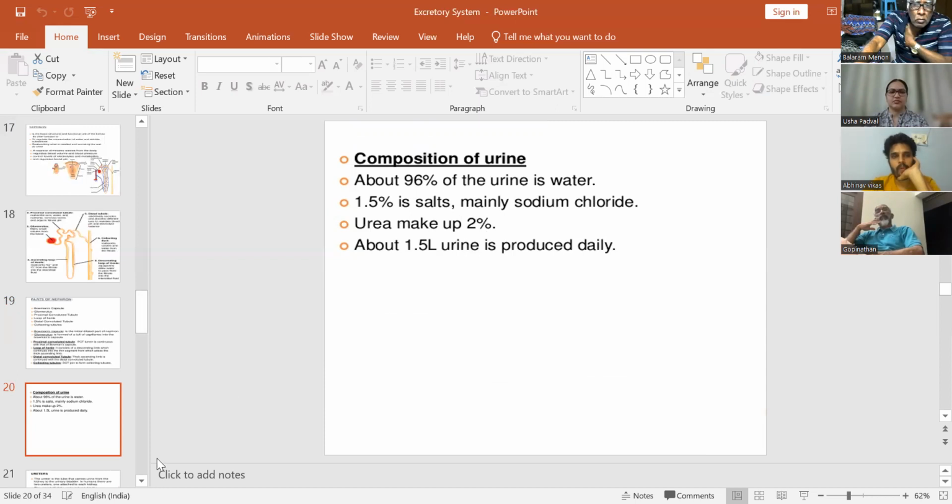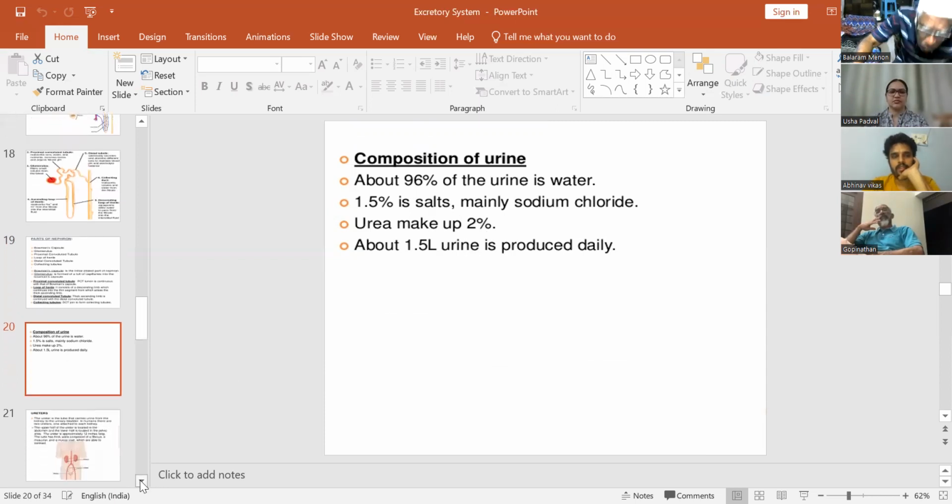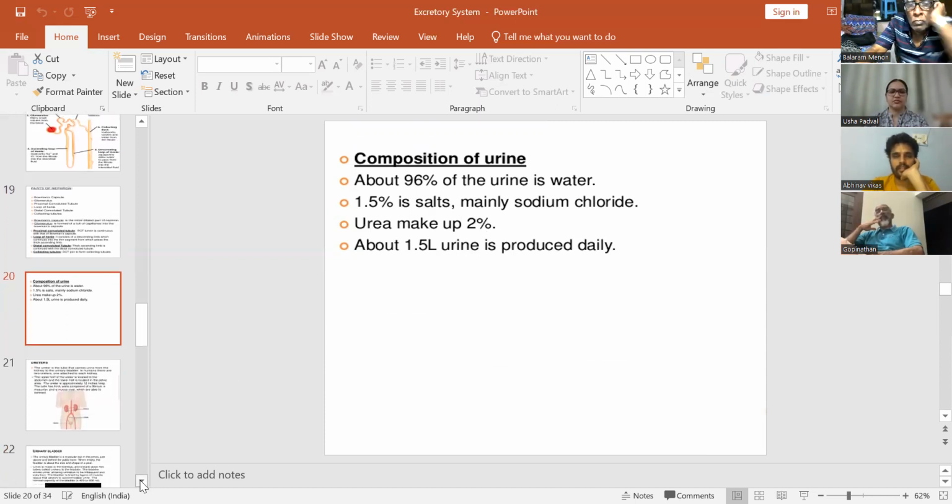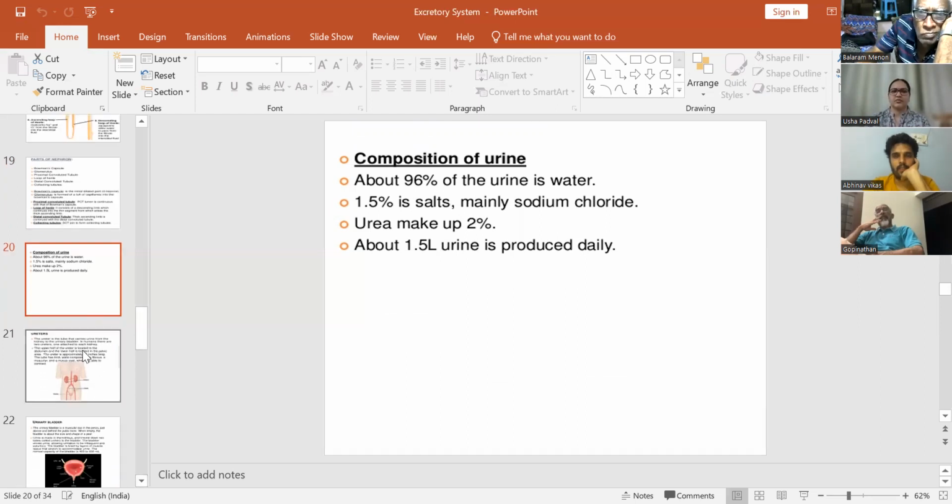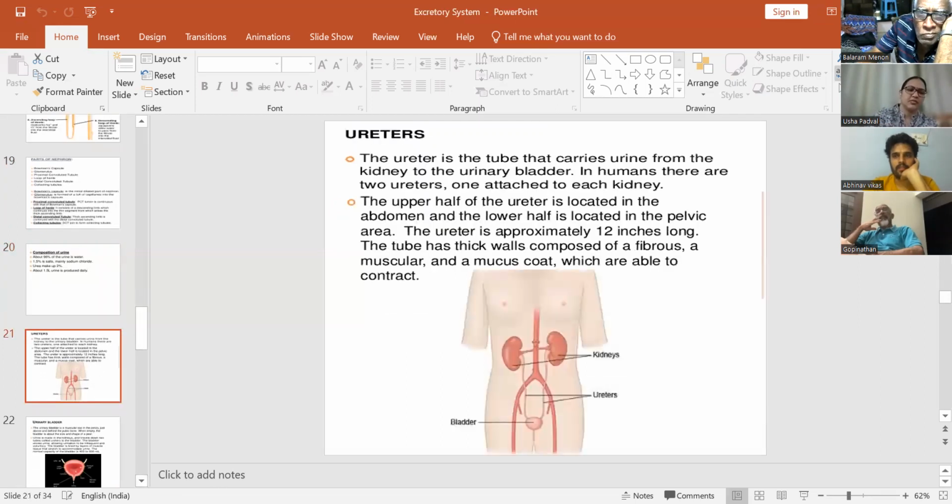So, how many liters of liquid do we have to take every day? Some people say 5 liters, some people say 4 liters. It is 2.5. See, a person who is on bed has to take at least 1.5 liters of liquid. I'm not talking about water alone, because in respiration you produce some heat there.